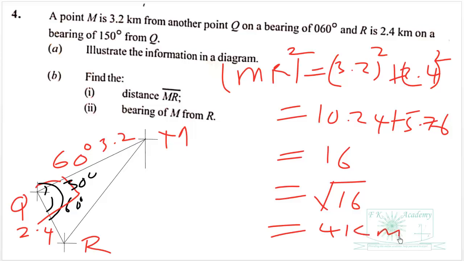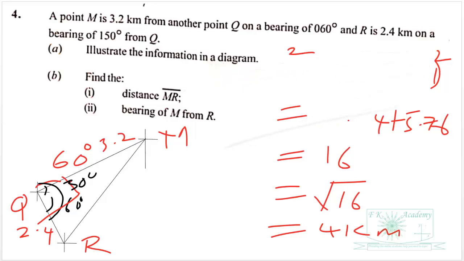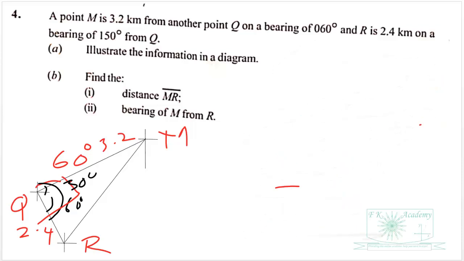Then we are asked to find the bearing of M from R. So with the bearing of M from R, what we do is, you will first of all calculate the angle, which is here. The bearing of M from R, so this is R here.